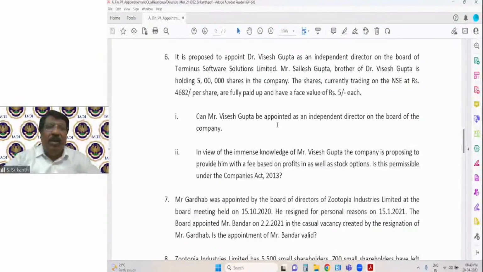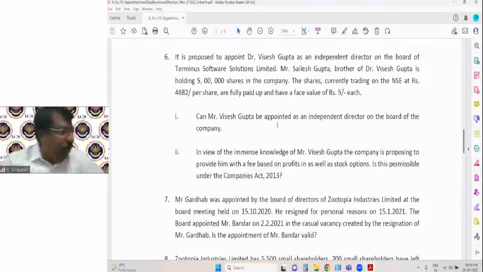So face value 5, into 5 lakh shares, whereas the market price is 4,682 rupees per share. And this guy is holding 5 lakh shares. Wow. It's better to be a friend with Shailesh Gupta than with Vishesh Gupta, I say.